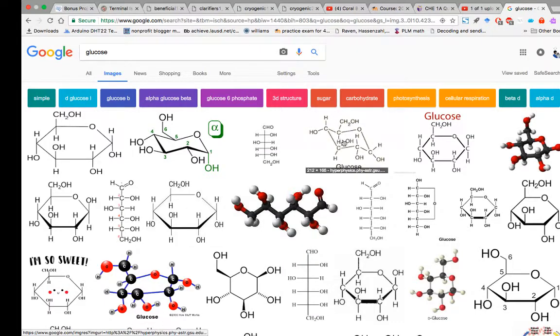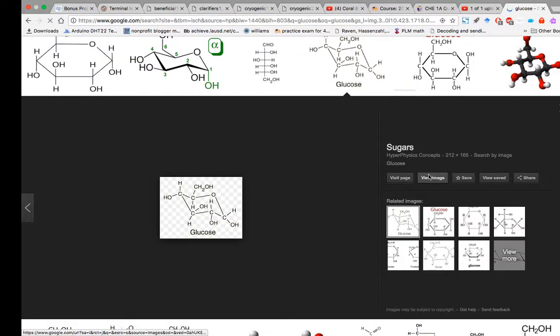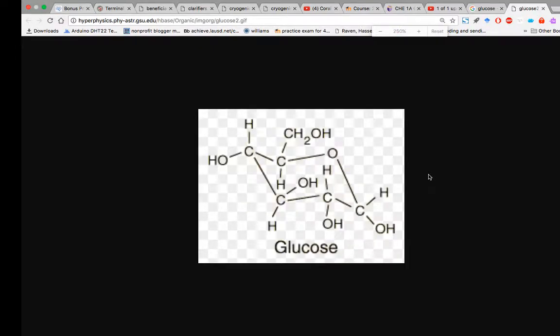Okay, so here is a nice model of glucose. Each of these carbon atoms has an oxidation number. This carbon atom is bonded to 2 hydrogens, an oxygen, and a carbon. Now, the oxygen is -2, but the hydrogens are +2. So the oxidation number for this carbon is 0.